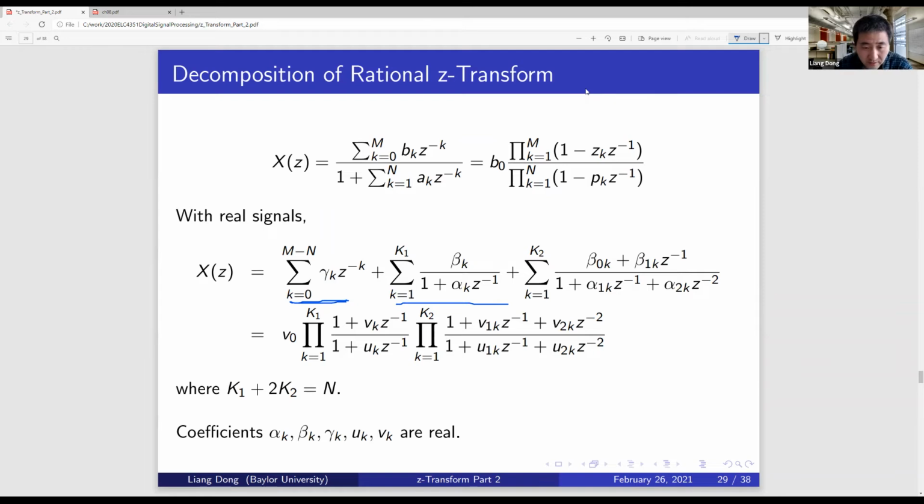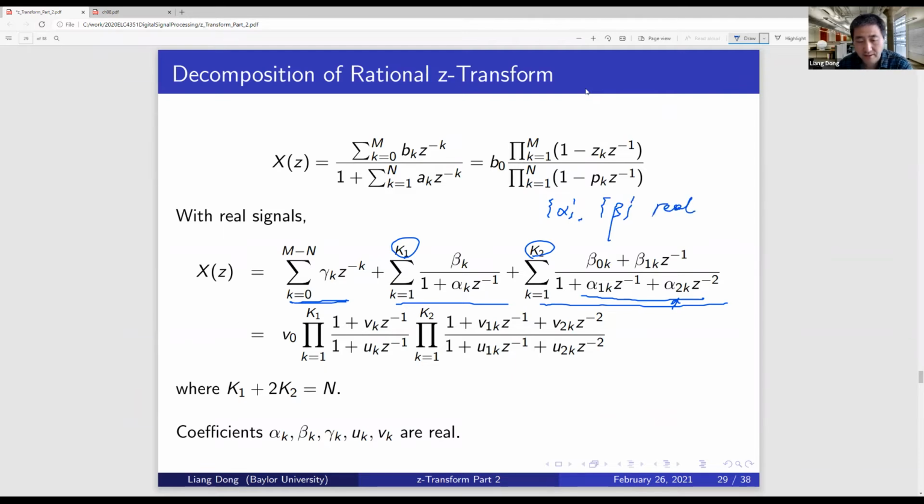I have K1 terms here. I also have another sum here with K2 terms, where I can write it in this format, and then the denominator is of order 2. Now, in this case, all the coefficients, the alphas and the betas, are real.